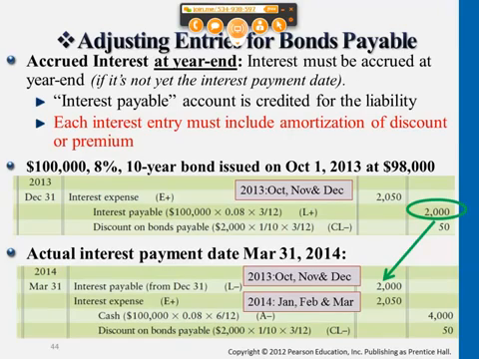Okay, we're basically just reversing that interest payable. We're reducing it because now when it comes to the pay date, we're actually paying it by cash, 6 months.